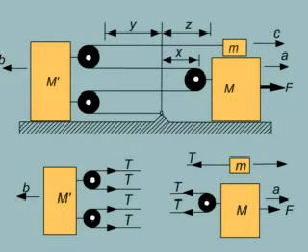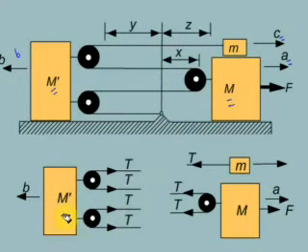Now let's see what are the various forces which are acting on these three blocks. So first we'll assume that the acceleration of block of mass capital M is a, and the acceleration of the block of mass small m is c, and the acceleration of block of mass m dash is b. As you can see from here, the tension in the thread is T, and since it is a single thread, the tension will remain the same throughout.